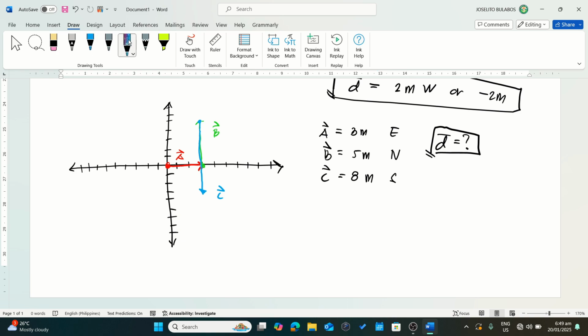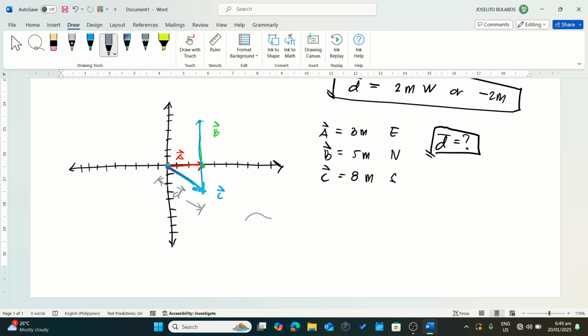And the resultant vector is the shortest line that connects the origin to the head of the last vector. And this will be our displacement.